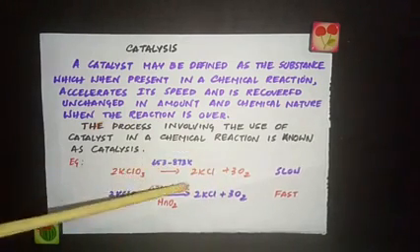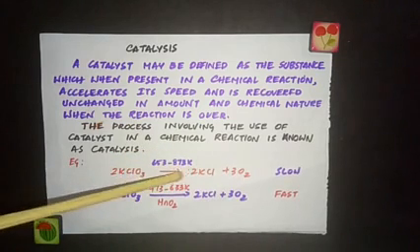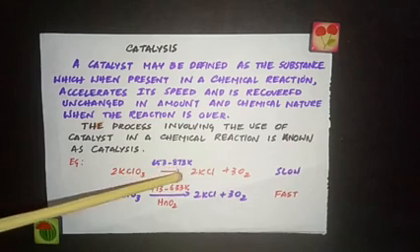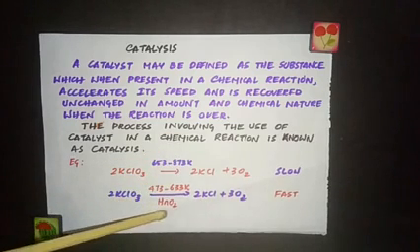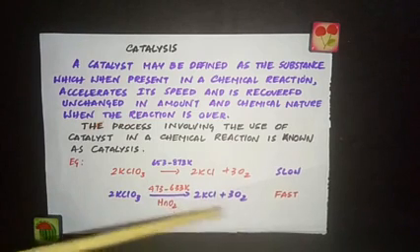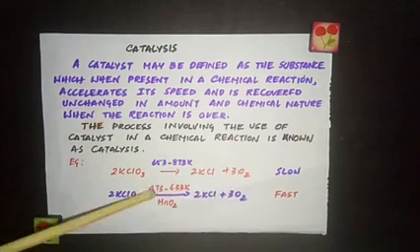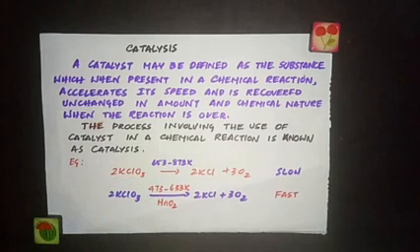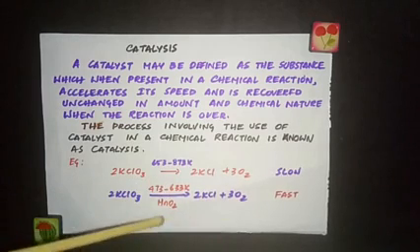This reaction is a slow reaction and it requires a temperature of 653 to 873 Kelvin. But now you're adding this catalyst, manganese dioxide. When you add this catalyst, the reactions become fast, and look at the temperature needed, 473 to 633 Kelvin. So this is catalysis, and MnO2 is the catalyst used.